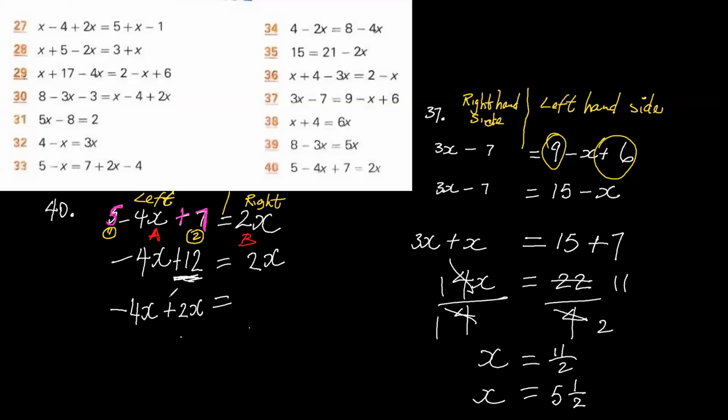Here you want all the letters, the negative 4x and the 2x, on one side only. And the numbers you're going to place on the right-hand side. Everybody okay with that? Does everybody understand what I just said?